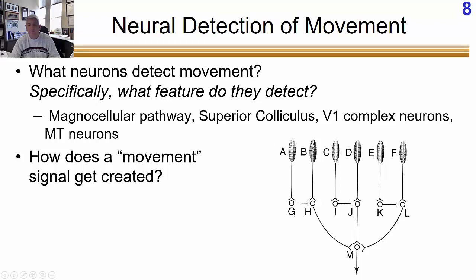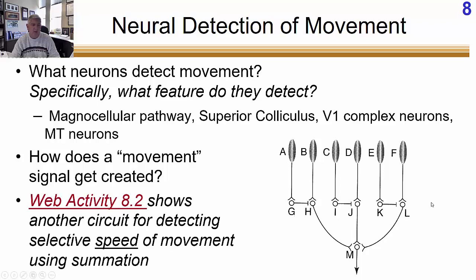If something were to move left to right, it's going to stimulate A, which is going to inhibit H. So when B gets stimulated, it's already being inhibited, and so forth with this inhibition, right?